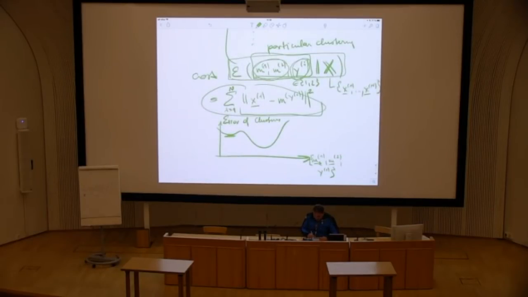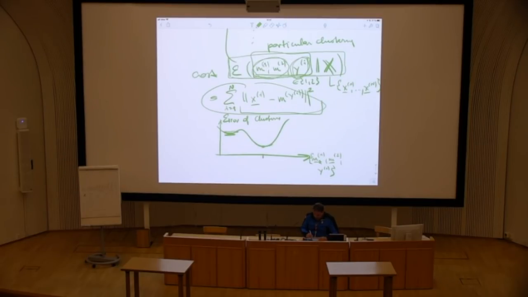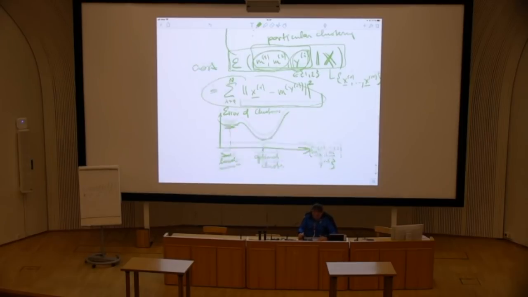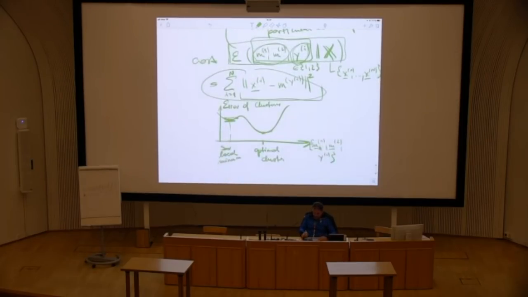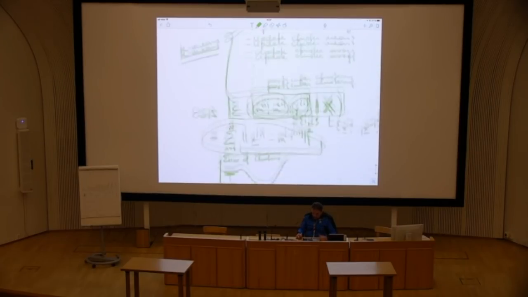And if you choose it like this here, you might end up here in a local minimum and might miss the global minimum. So this would be the optimal clustering. And this we call a local minimum, a locally optimal clustering. And k-means might get trapped in local optima. That's one big disadvantage of k-means.